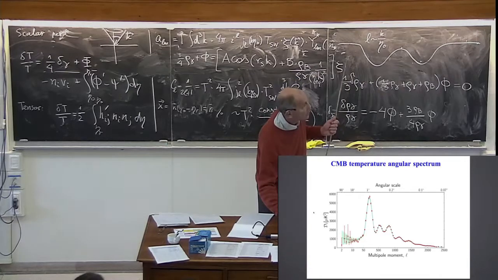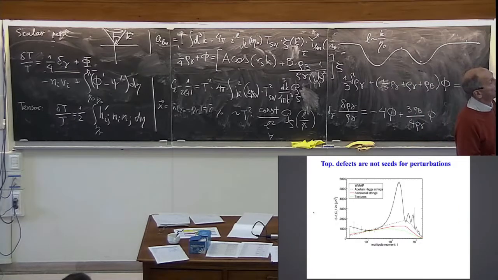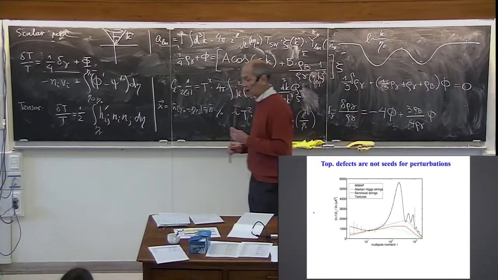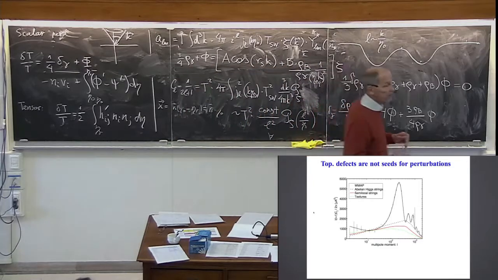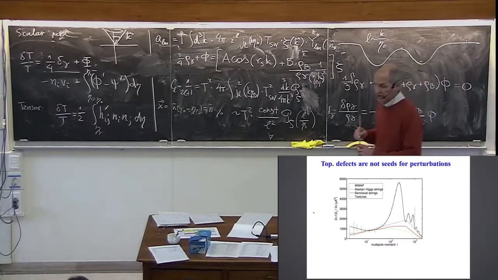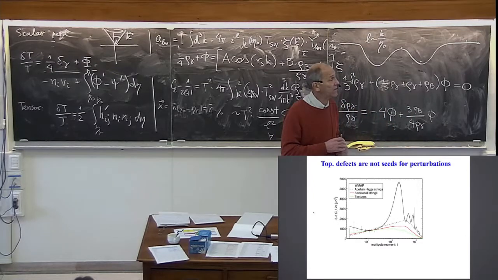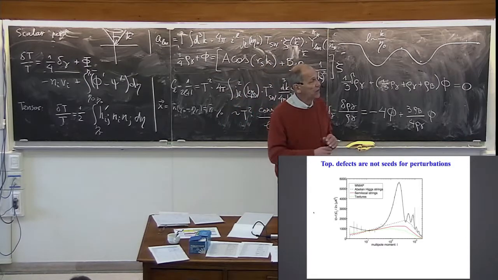If you want to do something different, if you want to create the perturbations by using topological defects, for example, at the hot stage, then there is no reason whatsoever to have one and the same phase for all the modes, and that's what's shown here. These are calculations done in various topological defect models of cosmic microwave background anisotropy, and you see there is no oscillatory pattern whatsoever. So the very fact that we have oscillations means that the perturbations were created before the hot epoch.